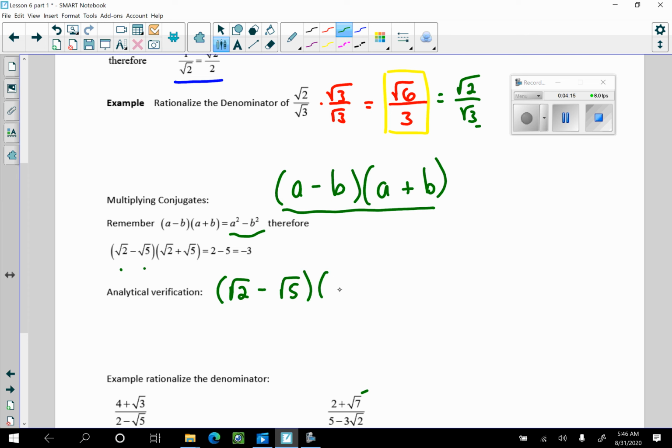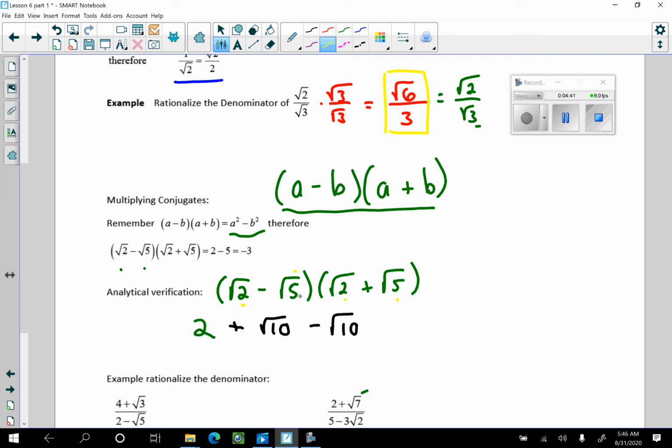We'll verify it with the distributive property, or FOIL if you want to call it that. I have square root of 2 times square root of 2 is 2. I have square root of 2 times square root of 5, that's a positive square root of 10. I have negative square root of 5 times square root of 2, that's going to be negative square root of 10.